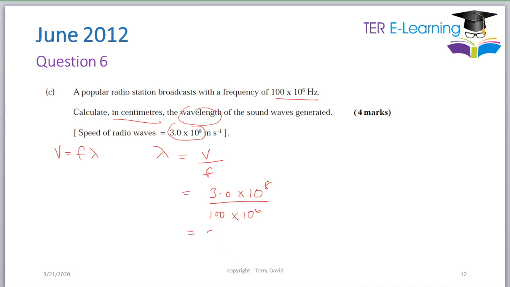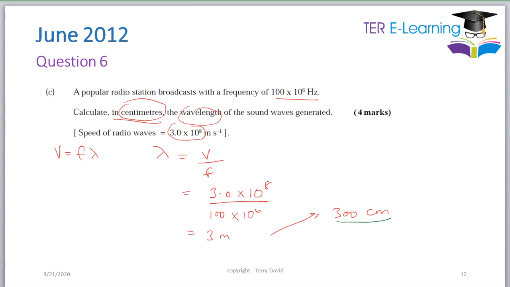But the question asks us to give our answers in centimeters. To convert meters to centimeters, we multiply by 100. So this is actually equal to 300 centimeters. So the answer is 300 centimeters.